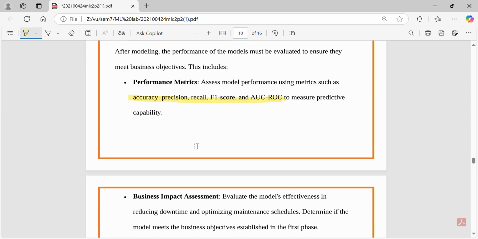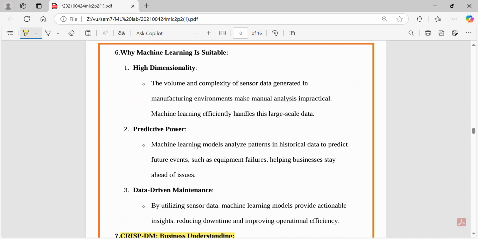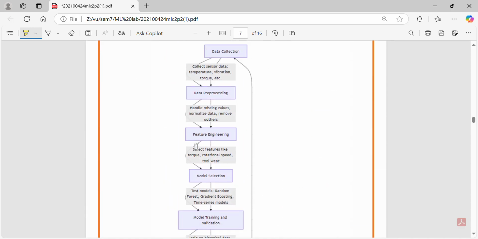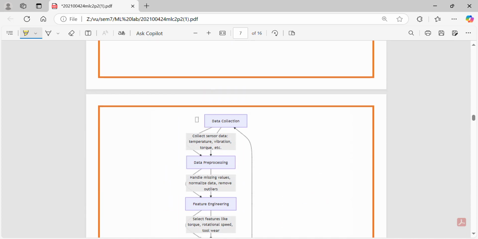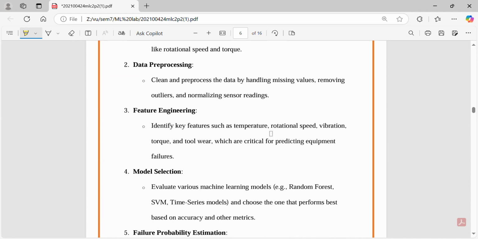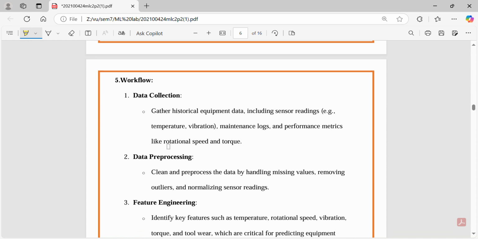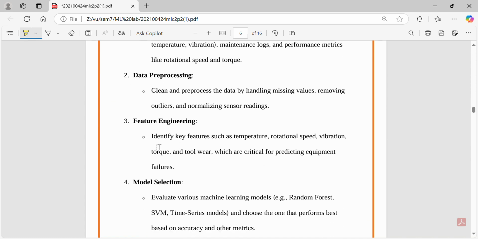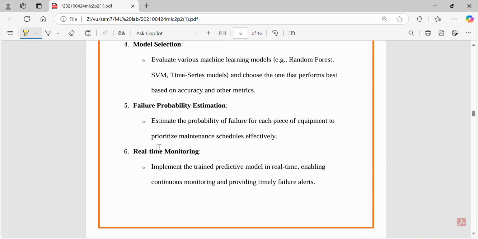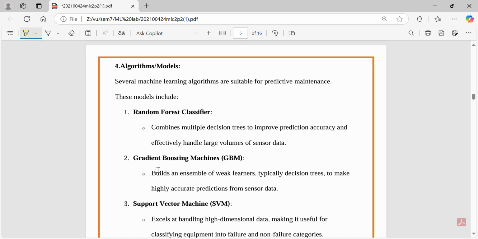Further, I would like to add that this is the diagram through which we will conduct the process and workflow. First there is data collection, data pre-processing, feature engineering, model selection, failure time estimation, and real-time monitoring.